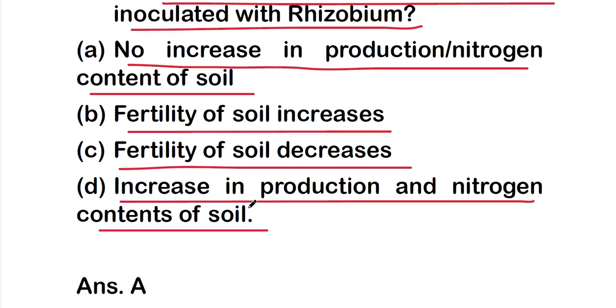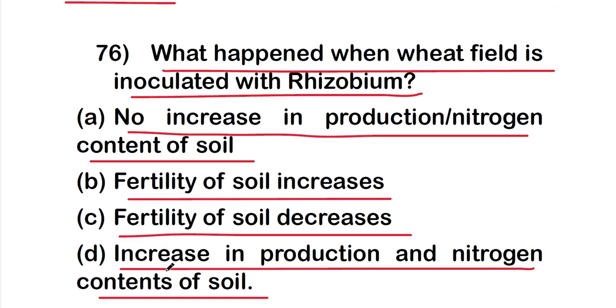So the right answer is option A, that is no increase in production or nitrogen content of soil. So what happens when a wheat field is inoculated with rhizobium? No increase in production or nitrogen content of soil.